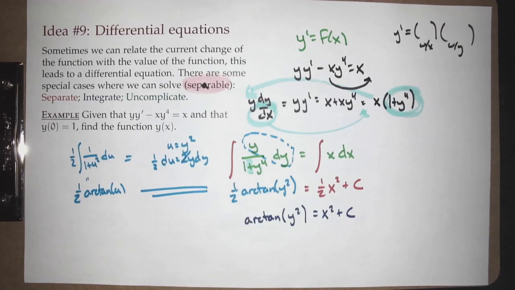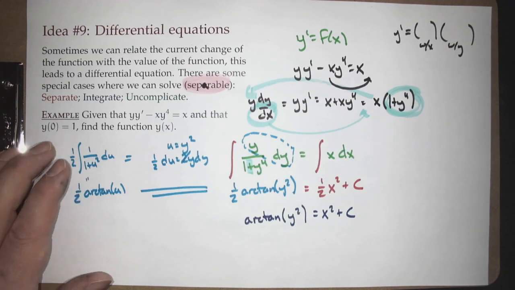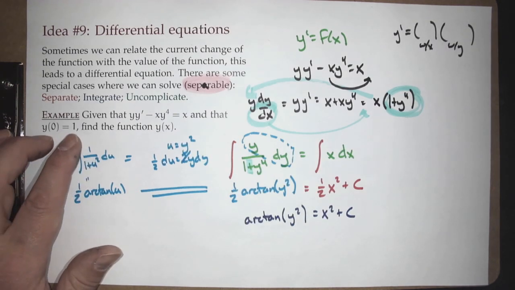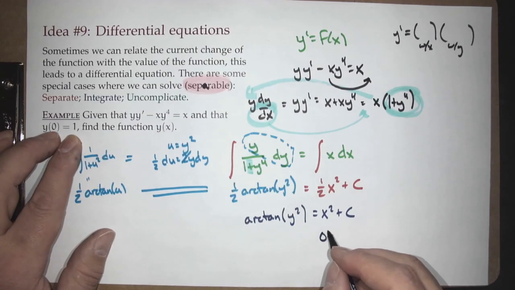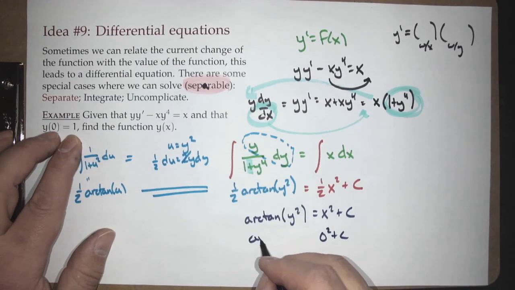We've separated, we've integrated, our last step: uncomplicate, which means we need to solve for c and y. Which one do you want to do first? Yeah, let's try c. It looks like we may be able to do it. Okay, y of 0 equals 1. In this case, what is x, what is y? So x is 0, y is 1.